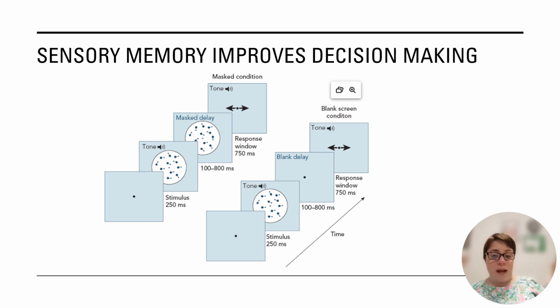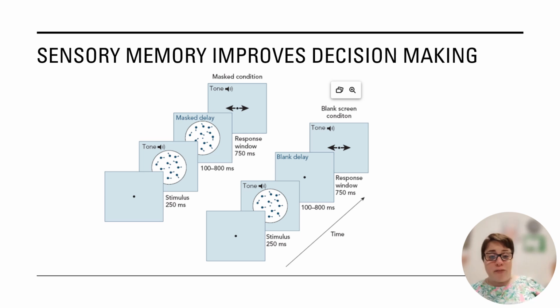The array was followed by either a mask that would disrupt sensory memory or a blank screen that would not disrupt sensory memory. A tone sounded after a delay, which signaled participants to indicate as quickly and accurately as possible which way the stimuli were moving.